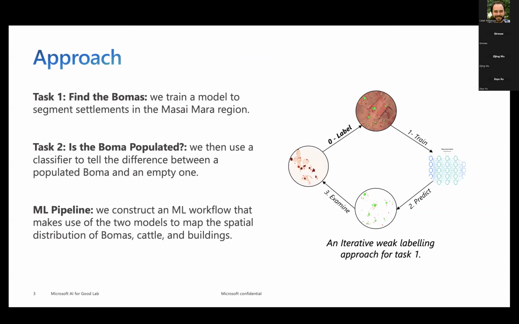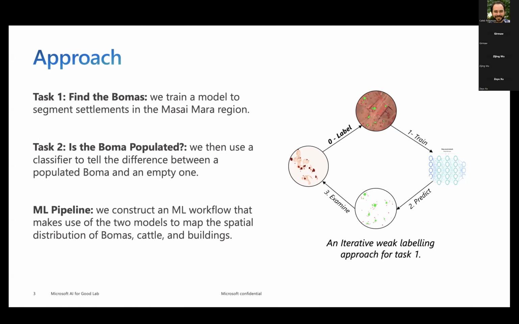We can break the problem into two steps. First, we want to find the boma settlements. This is, in computer vision terms, a segmentation problem where you want to map or detect the exact geometries of the bomas on the ground, and also the buildings or structures that typically surround the bomas.